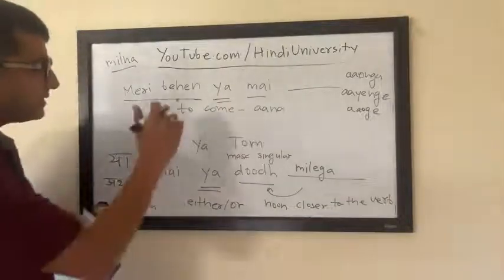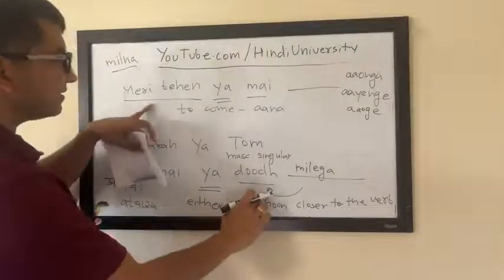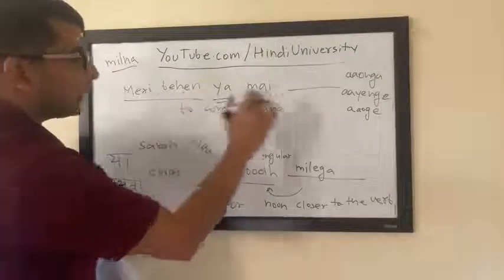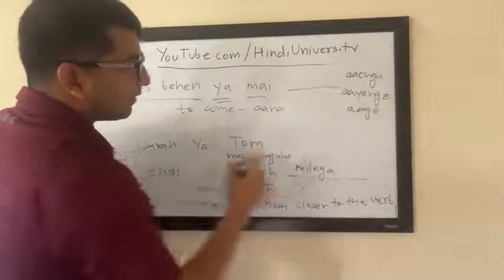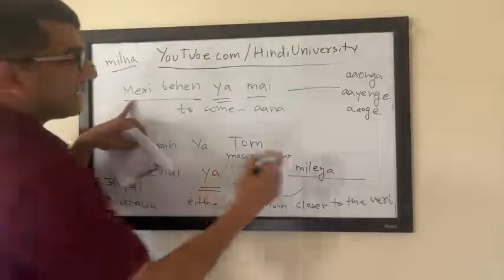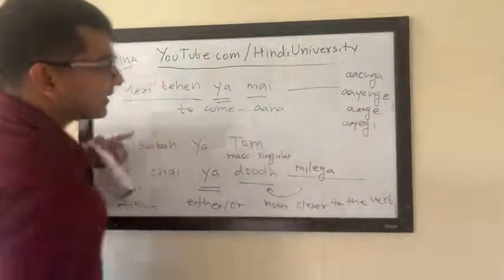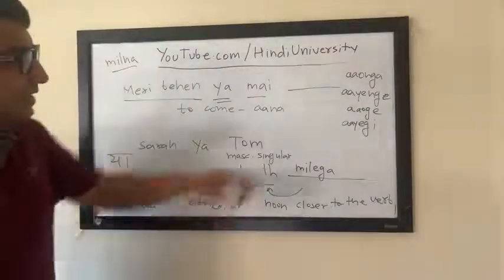As the previous example was all non-living things, this is a living thing. मेरी बहन या मैं. Only one person is coming though. So which one will you use? Sorry, I have to add one more. आएगी. So I got one answer, which is आऊंगा.